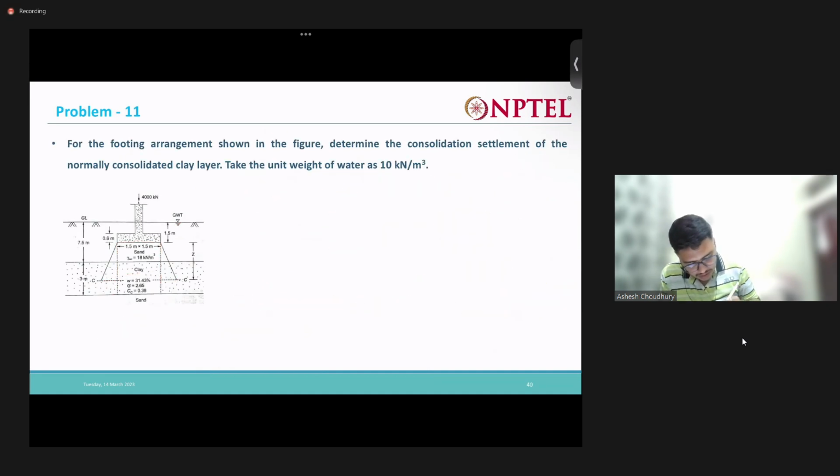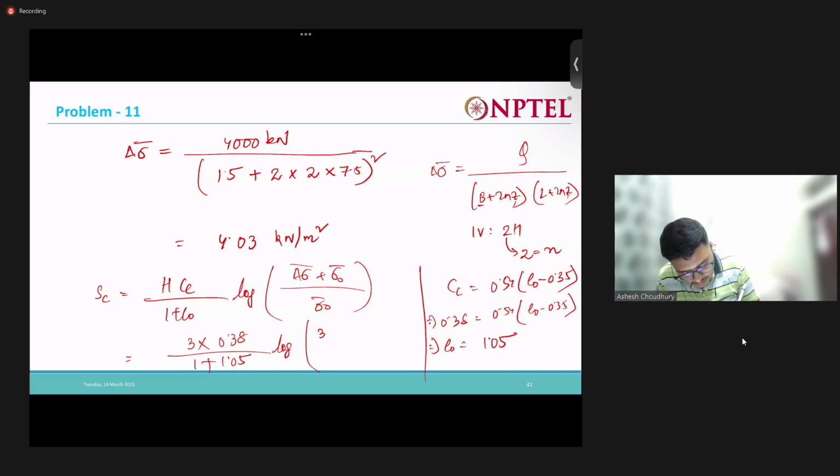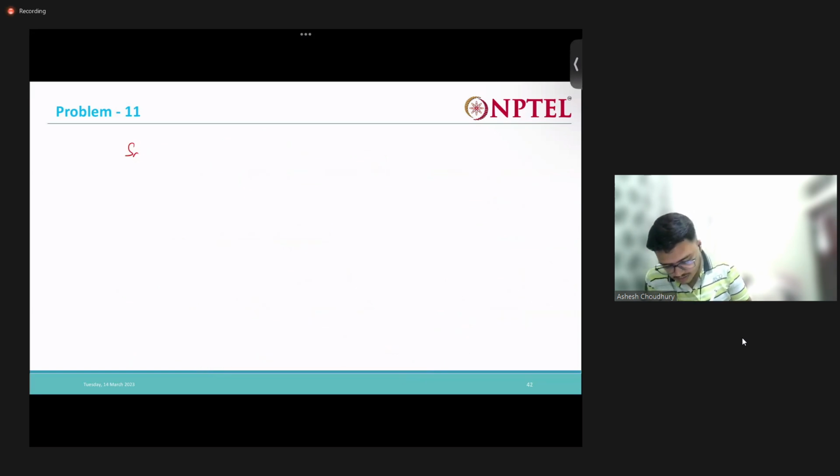It was 73.5. So 3 into 0.38 divided by 2.05 into log. My settlement comes out to be 0.0128 meter.